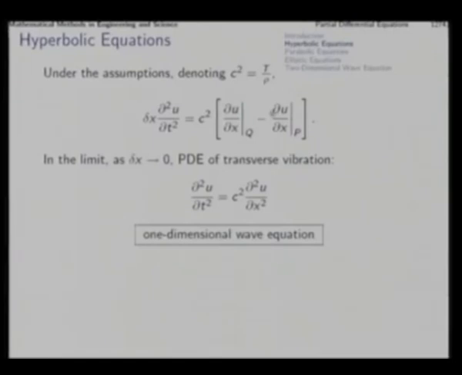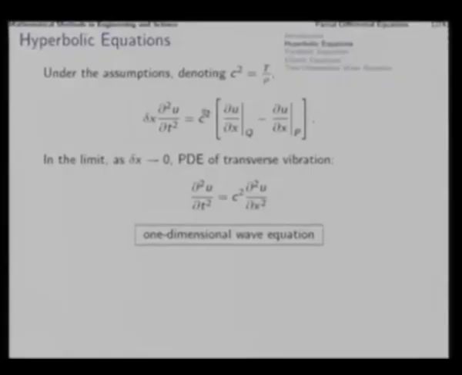Slope at q minus slope at p divided by the x difference between p and q, delta x. When delta x tends to 0, that is infinitesimally small, this bracketed term divided by delta x will tend to the derivative of del u by del x, which is the second derivative of u. So, then you have got this, which is the one dimensional wave equation, and this is the equation that governs the transverse vibration of a string.